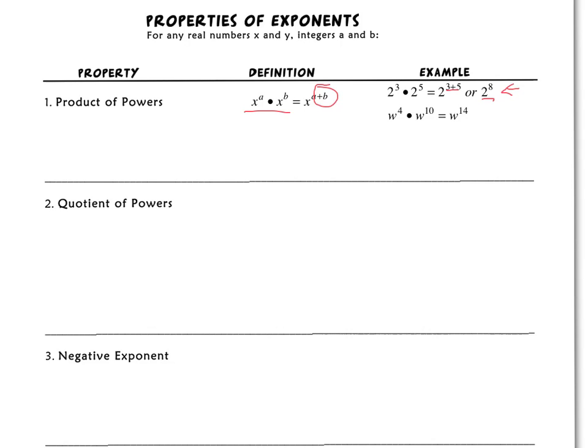Okay, the next one is quotient of powers, and that is if you have x to the a over x to the b, the way we combine them is to subtract the exponents. So it'd be x to the a minus b. For example, if I had something like 7 to the 9th over 7 to the 5th, I would subtract those, giving me 7 to the 9 minus 5, which equals 7 to the 4th.